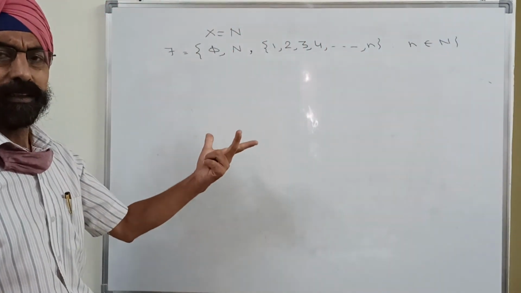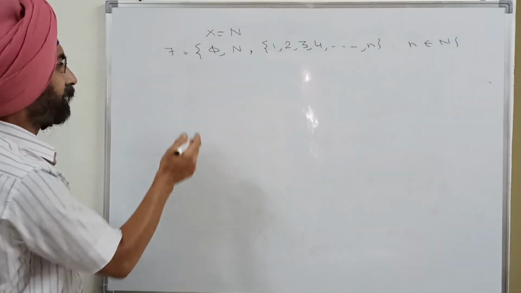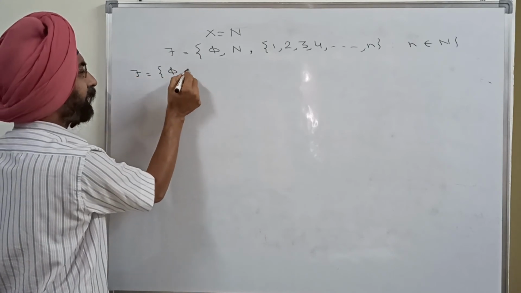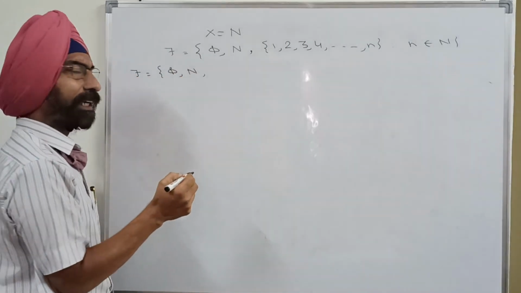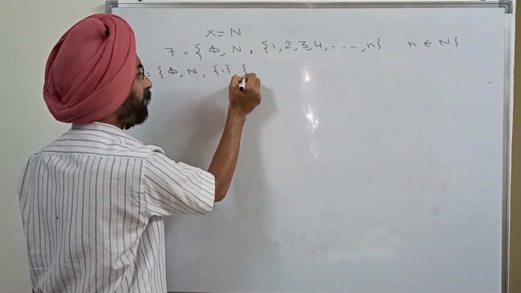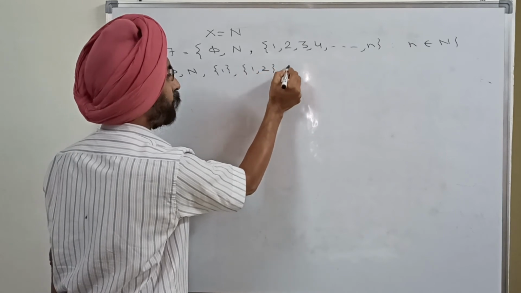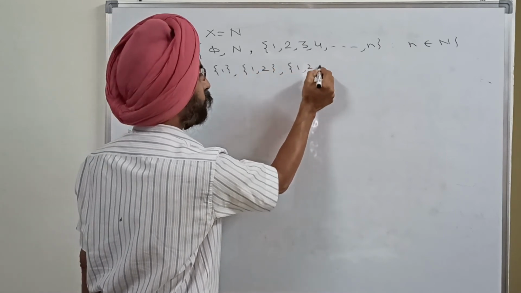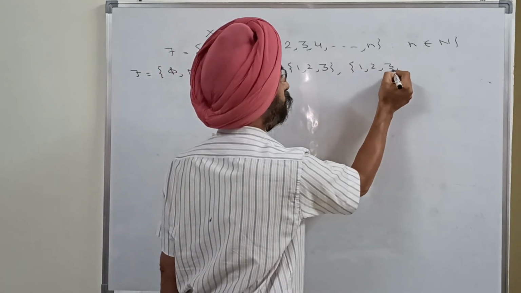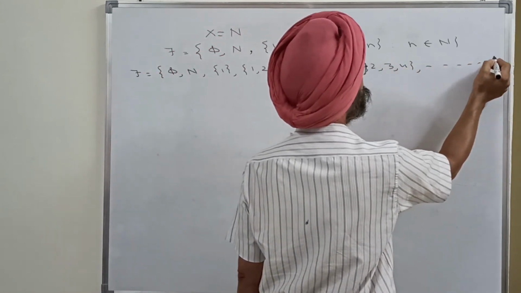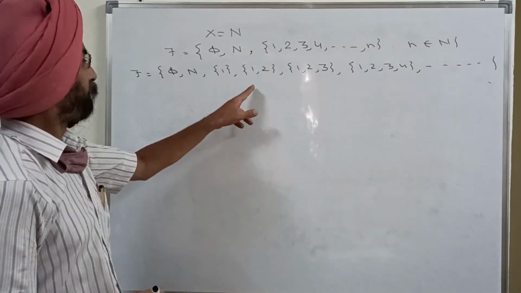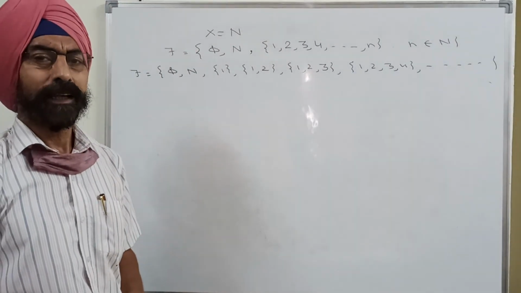That means, to be more clear, this tau contains the set phi, the set N of all natural numbers, then the singleton set {1}, then {1, 2}, then {1, 2, 3}, then {1, 2, 3, 4}, and so on. All the sets of this type are the members of tau.